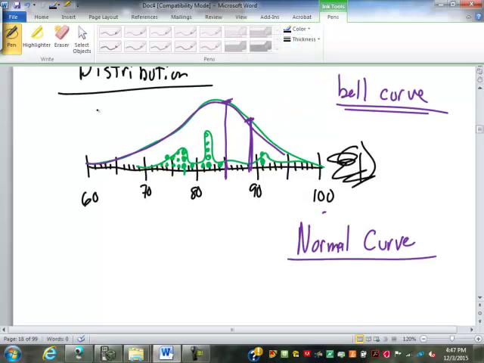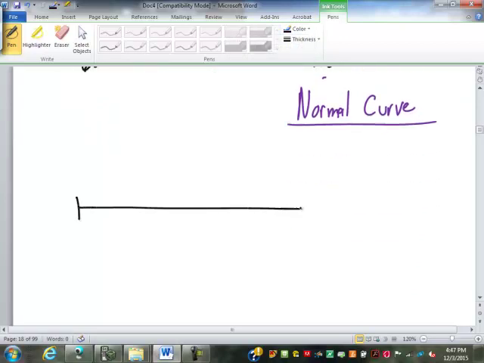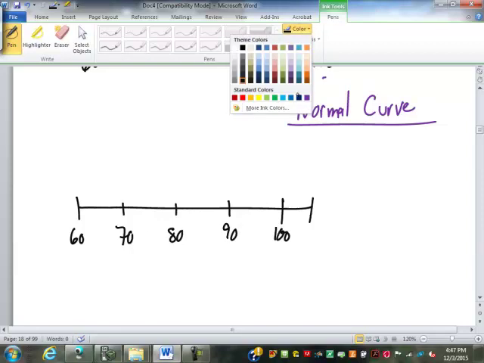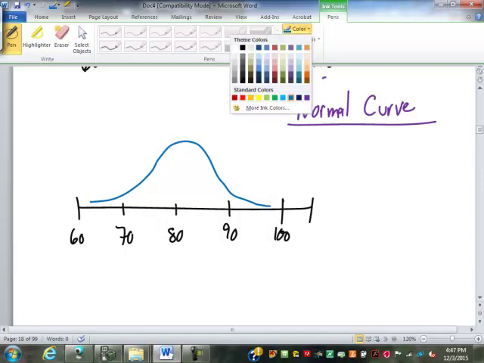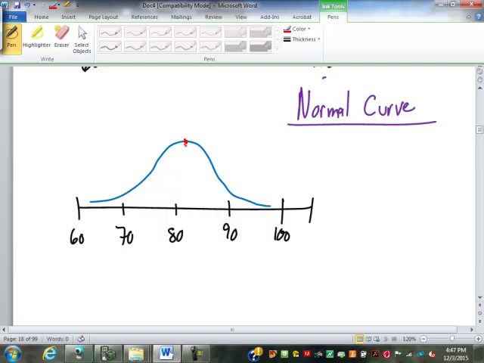So if I'm looking at that distribution, let's say I have a test here, and I'm looking at the distribution of scores, there's two things about that curve that I can describe. First of all, the center of that curve is right here.